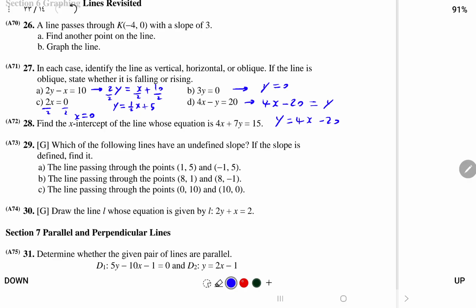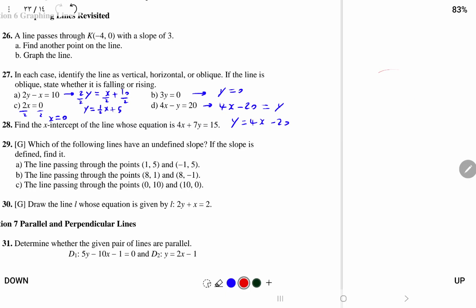Now I want you to memorize this shape. I'm going to draw it here. You have a circle. A rising line will have a positive slope. A falling line will have a negative slope.